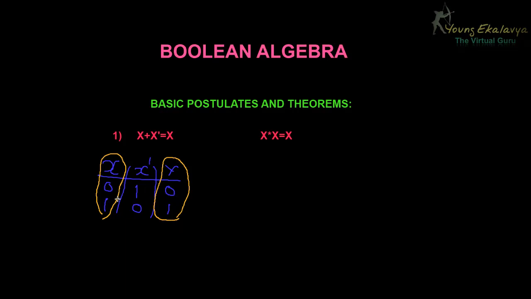So by this we can prove that x or x complement is equal to x. In this way, using a truth table, we can prove these Boolean functions or expressions.